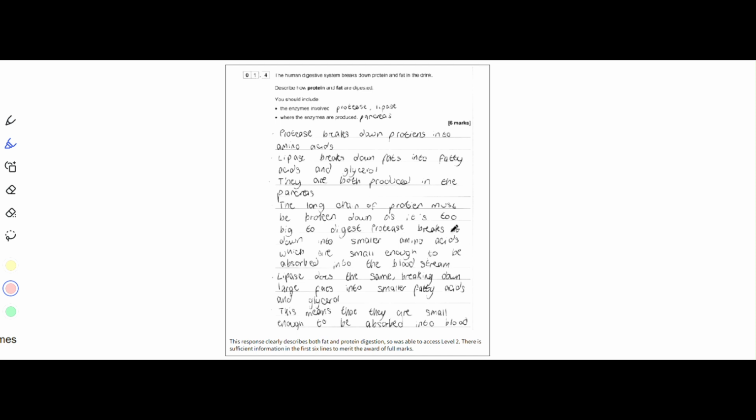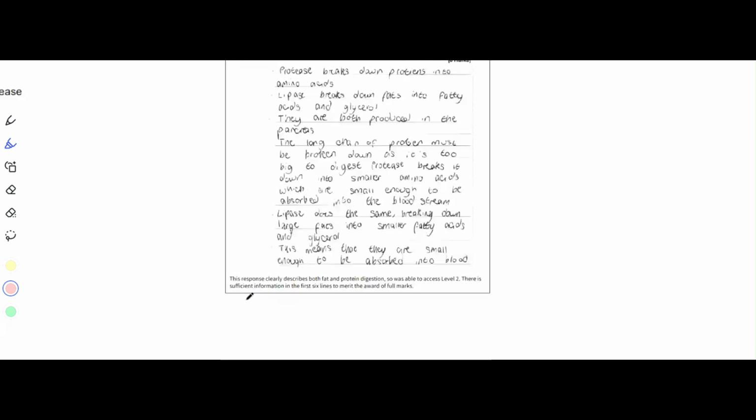Protease breaks it down into smaller amino acids, which are small enough to be absorbed into the bloodstream. Lipase does the same, breaks down large fats into smaller fatty acids and glycerol. This means that they are small enough to be absorbed into the blood. So essentially here they've repeated a lot of what they said in the first bit.